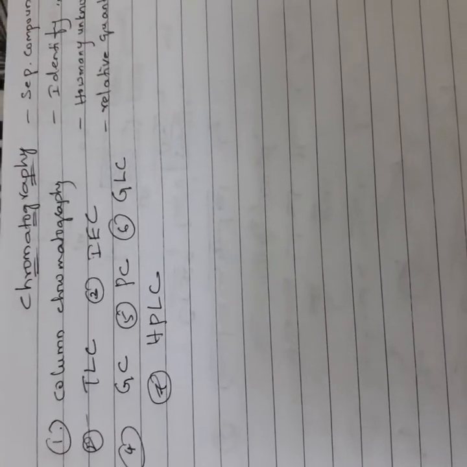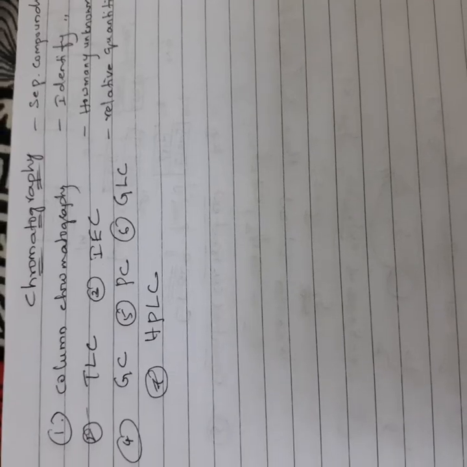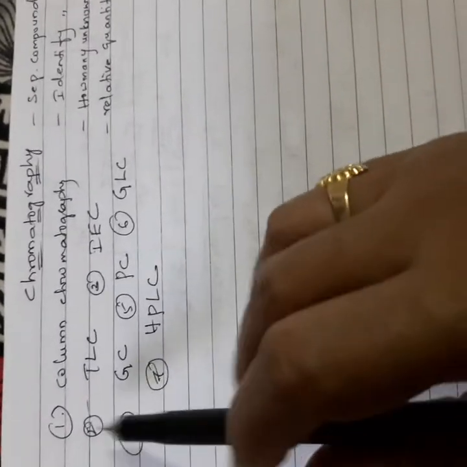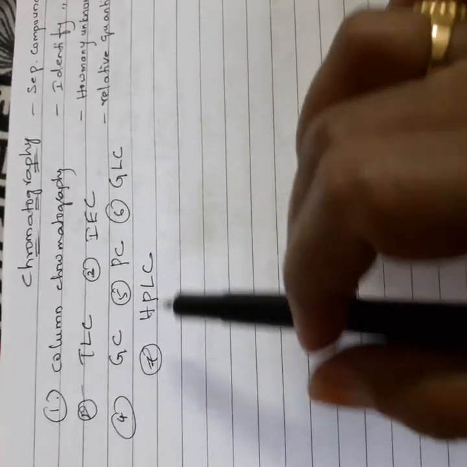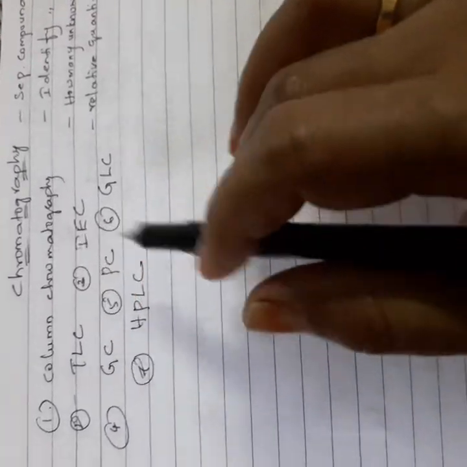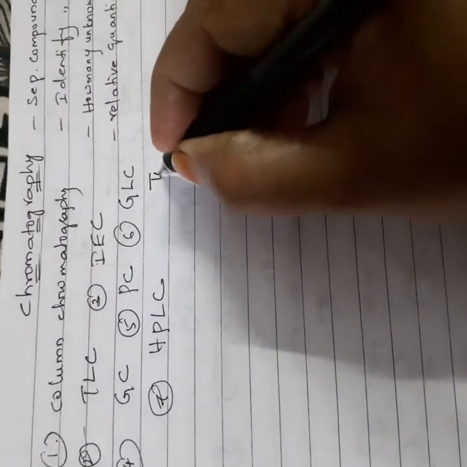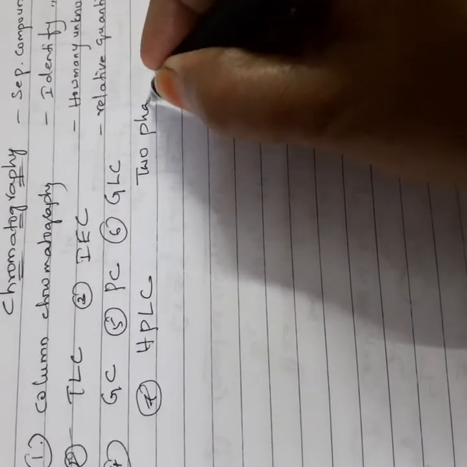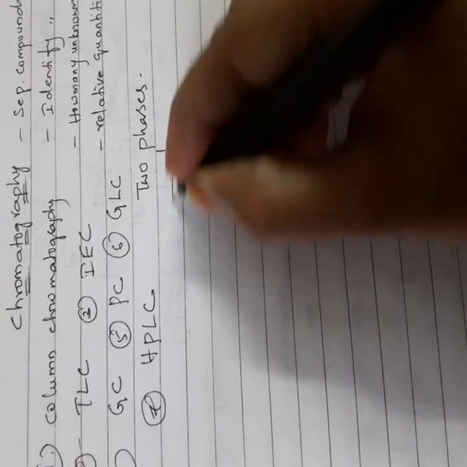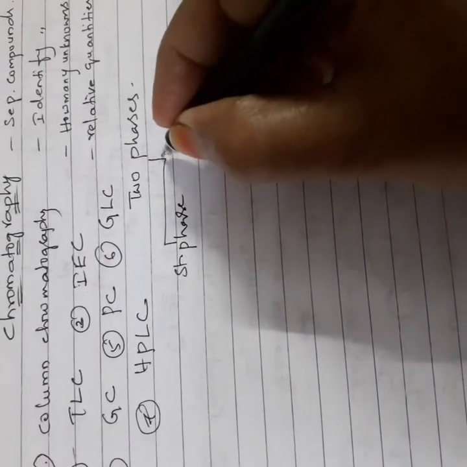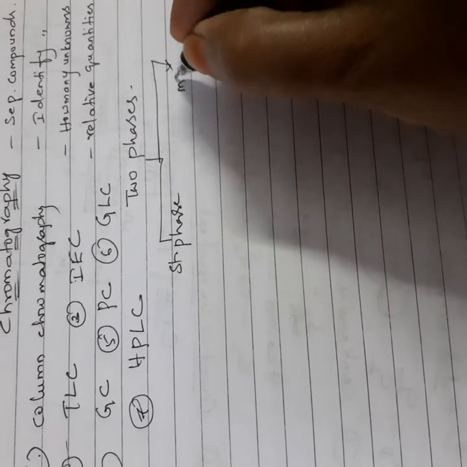Right. So what is going to happen in these chromatographic techniques? While studying any one of these chromatography, all the chromatographic techniques must and should contain two phases. One is called stationary phase and second one is called mobile phase.